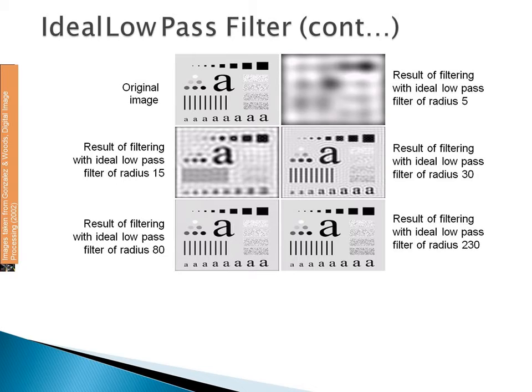Finally, for an alpha value of 99.2, there is very slight blurring and the image is very close to the original. So it is clear from this example that ideal low pass filtering is not very practical, but it is useful to study its behavior as part of our development of the filtering concepts.